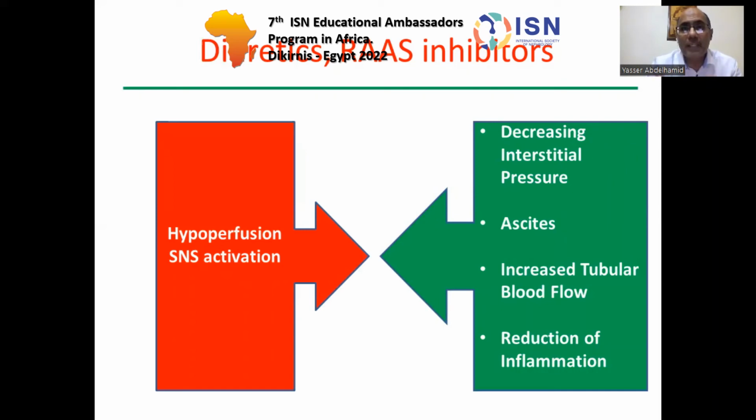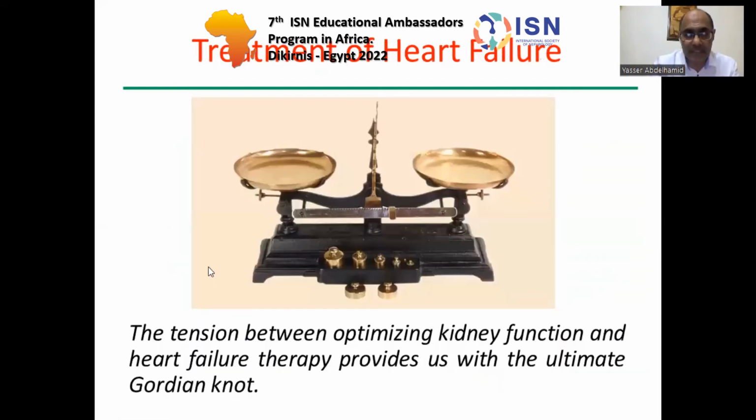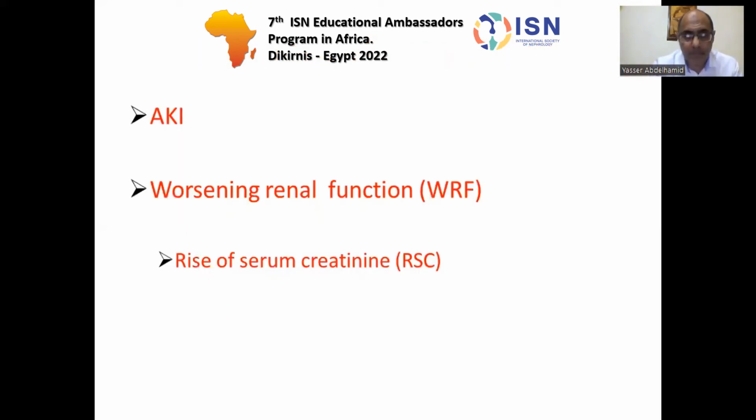In case of treatment of heart failure, diuretics, and specifically RAS inhibitors are important drugs, in spite of having the drawbacks of hypoperfusion and sympathetic nervous system activation with increase of serum creatinine. So this is a balance to treat the patient, and to get this benefit, we are to pay for it with a rise of serum creatinine.